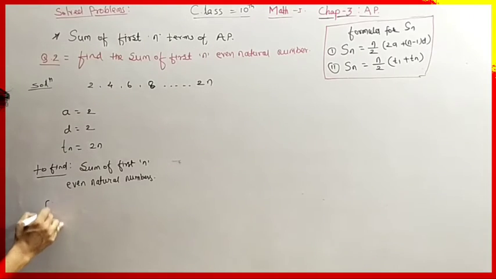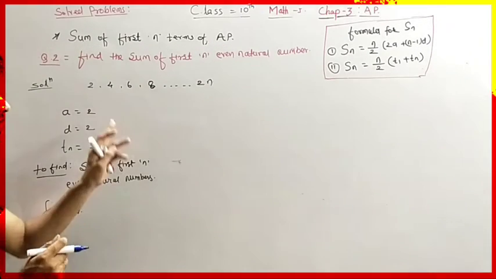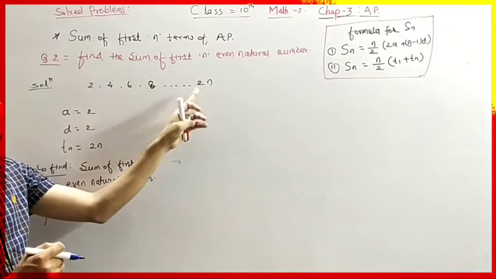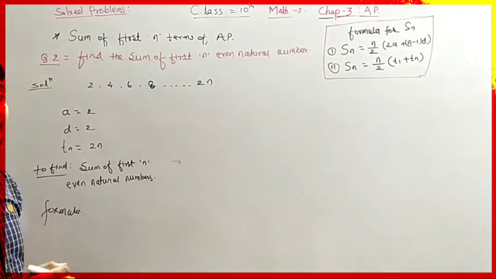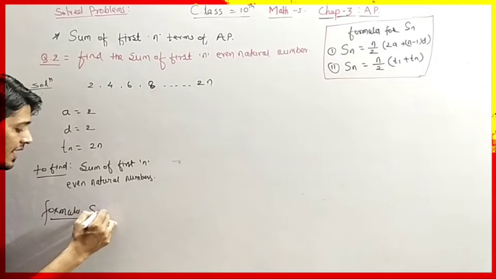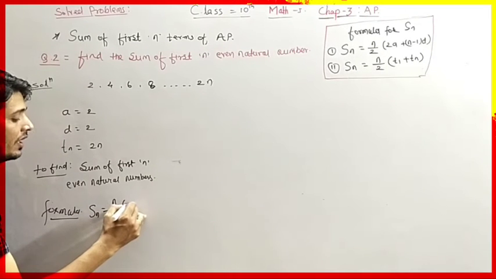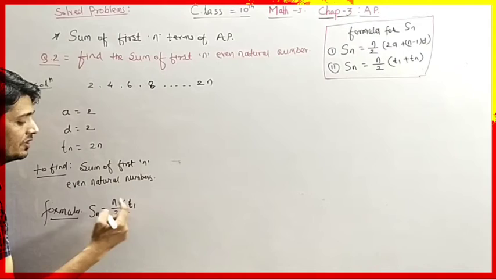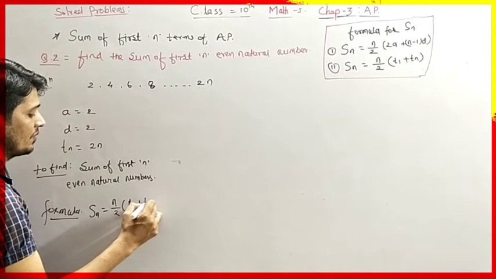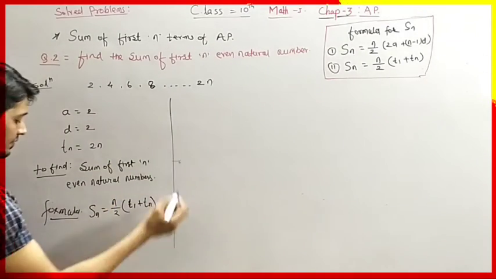Okay, now we have the formula. See, again we have the first term as well as the last term. So we will use the second formula. Okay, so what will be the formula? It is Sn equals n divided by 2 into t1, which is the first term, plus the last term, that is tn. Okay, now we have to solve.